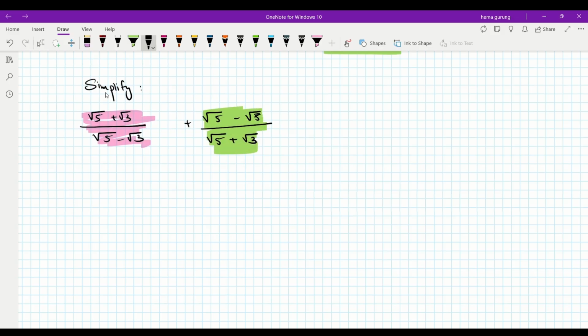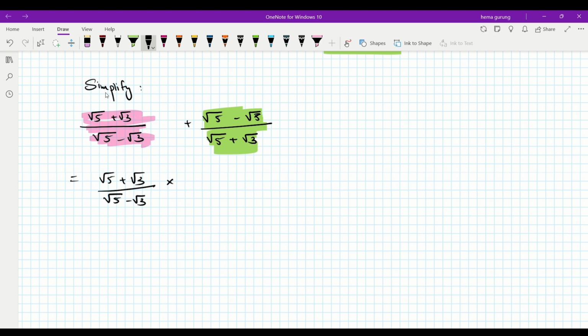So we'll rationalize them separately. I'll just copy the original one here.